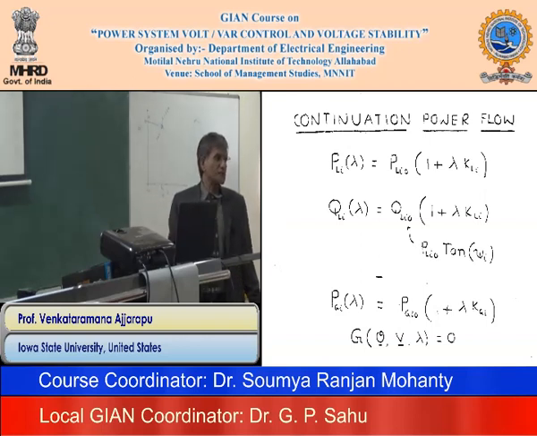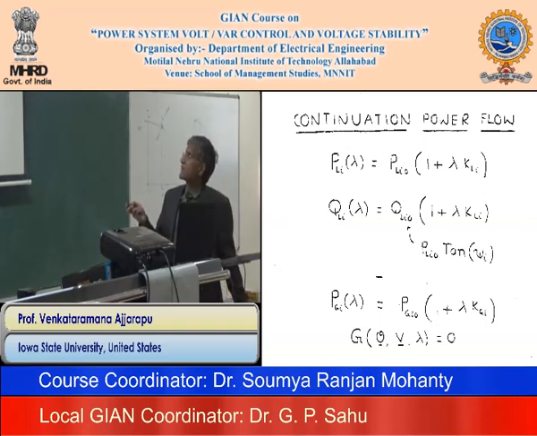If I fix KLi, that means I'm fixing the direction, and of course I'm also fixing the power factor in some way. So lambda equal to 0 corresponds to the original load, and with some fixed ratio I'm increasing K, so that the PLi0 and QLi0 are increasing.